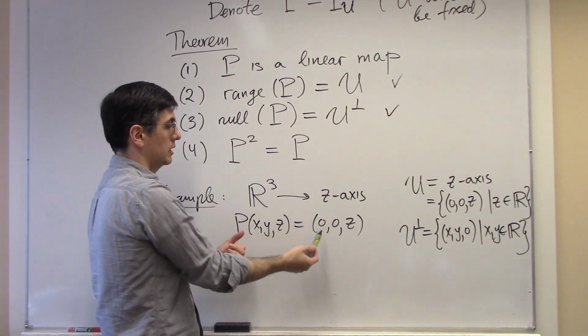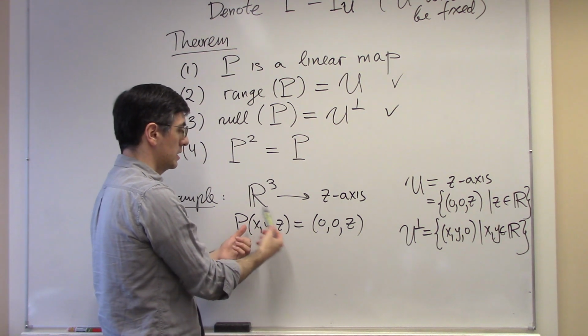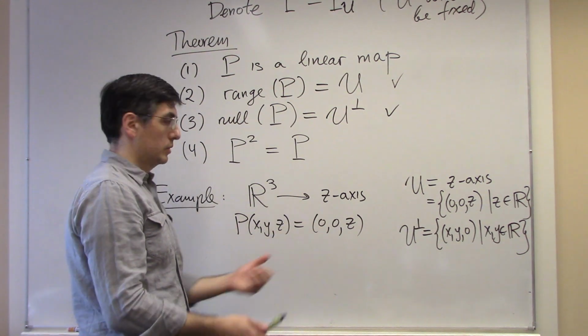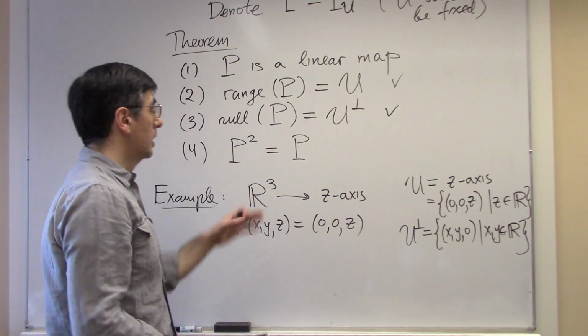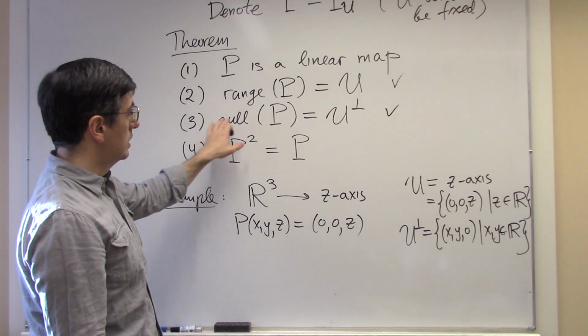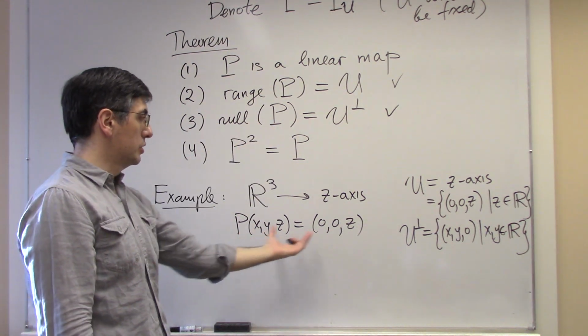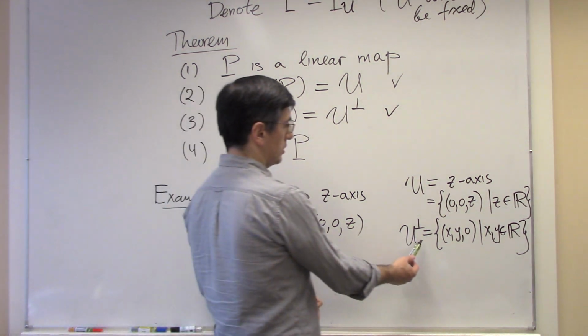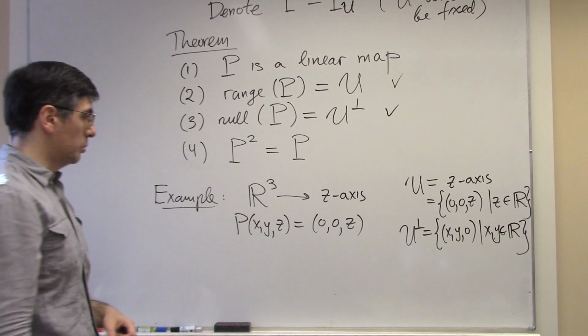So that shows that there is at least one x, y, z that maps to this particular element on the z-axis. Alright, so what's the null space? Well, which element goes to 0? The one that has 0 in the last coordinate. So the null space is the orthogonal complement.